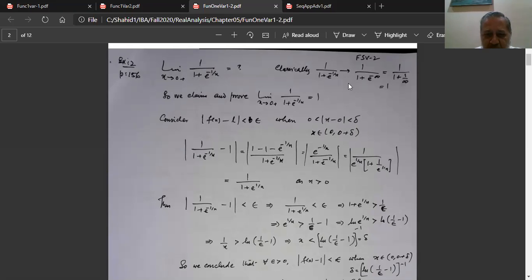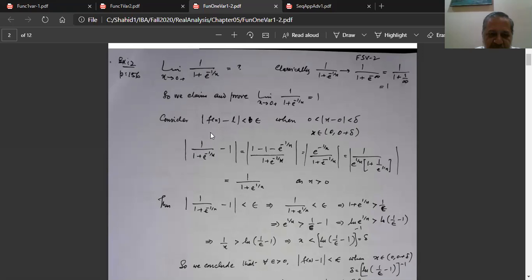All this working is shown here. But if we use the definition of limit in terms of epsilon and delta, we write the modulus of f(x) minus L less than epsilon when x minus 0, 0 being the point where we are seeking the limit, and it is the right side, so x belongs to 0 to 0 plus delta.